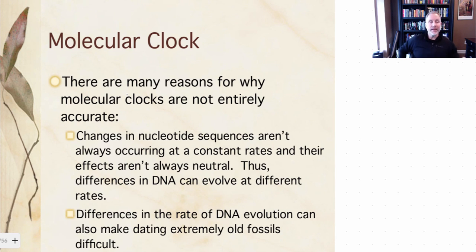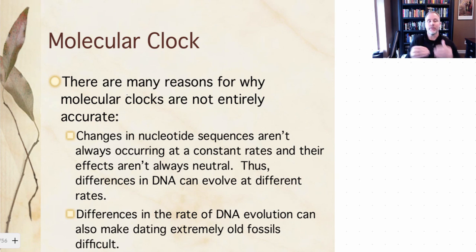Okay, so some of the reasons why these molecular clocks aren't entirely accurate is because sometimes these nucleotide sequences change at different rates. Sometimes they change at constant rates. Sometimes the effects are neutral. Sometimes they're not. So again, looking at the differences in DNA can tell us sometimes the information is fitting in with the other known data that we have, and sometimes it's not.